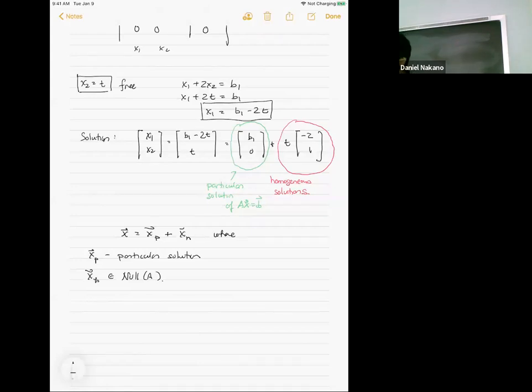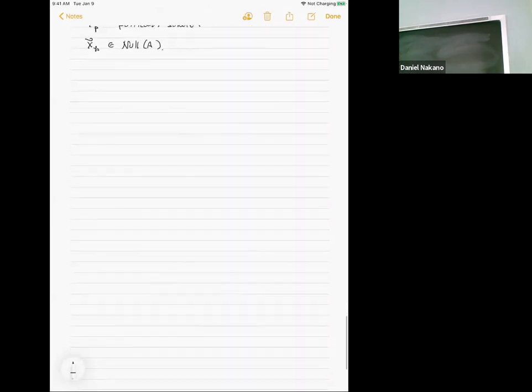Okay, so now what I'll do is I'll summarize this in a theorem. Here is, if you want to call it the executive summary, you can. So let A be an M by N matrix. That's a better way to say this. So M rows, N columns.